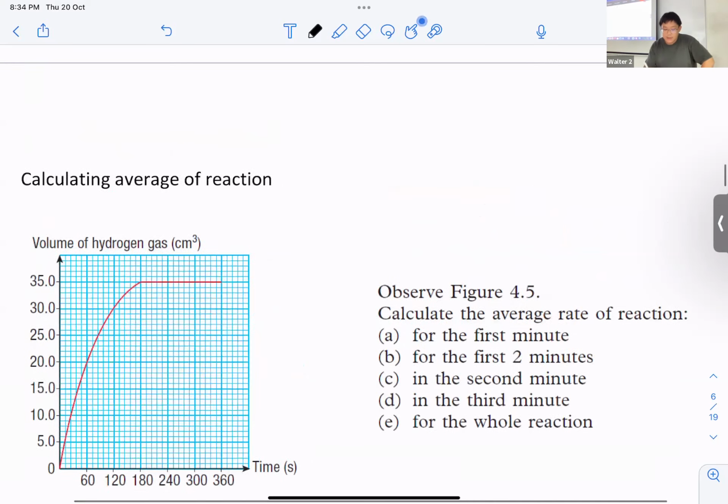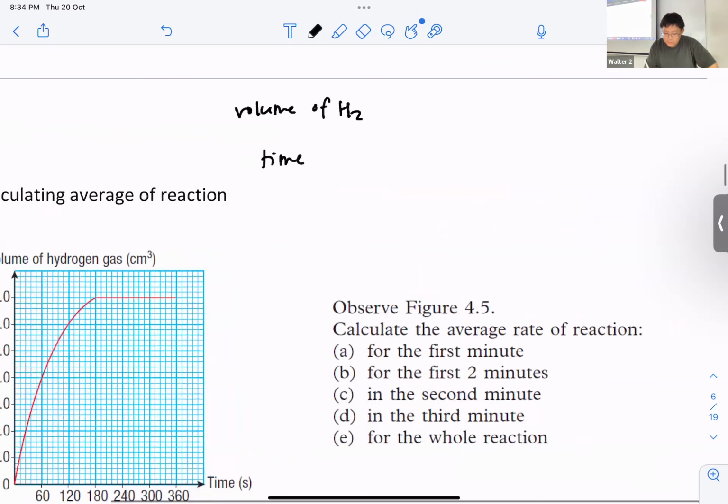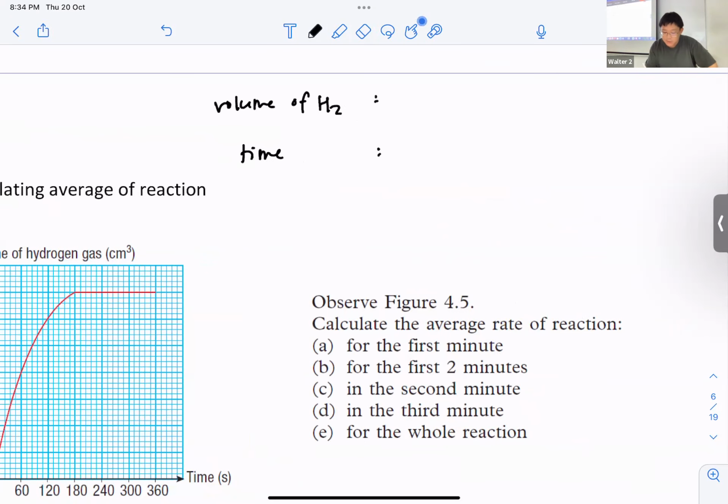So which means they will give you things like, example only, volume of H2 and time. For example, at first it is 0 and 0. And then for example, 10 cm cubed, and it takes maybe 5 seconds. And then 20, 10. And then 30, 15 and so on, right?